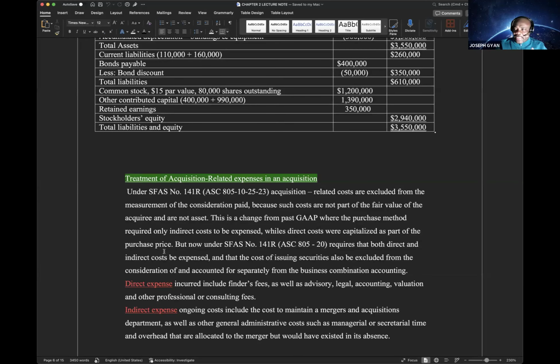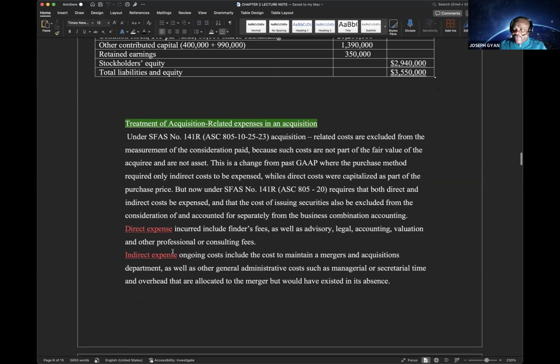Indirect cost is treated as an expense, while the direct cost should be part of the purchase price that you are paying, in other words, the consideration. Now we said no, both the direct cost and the indirect cost, we have to expense them. The new rule requires that both direct and indirect costs be expensed, and that the cost of issuing security also be excluded from the consideration and accounted for separately from the business combination.